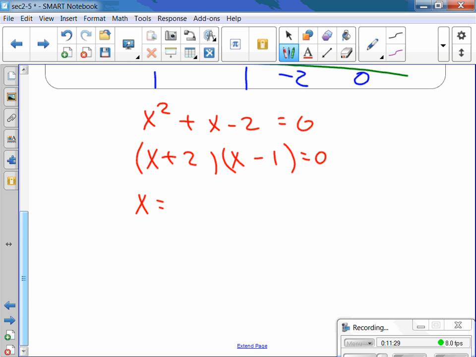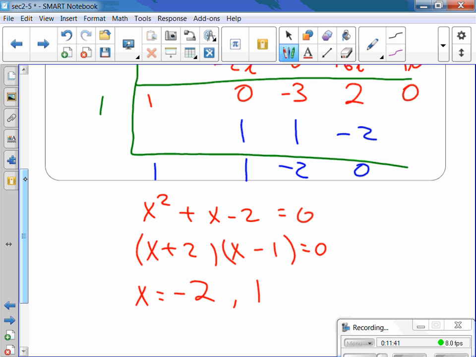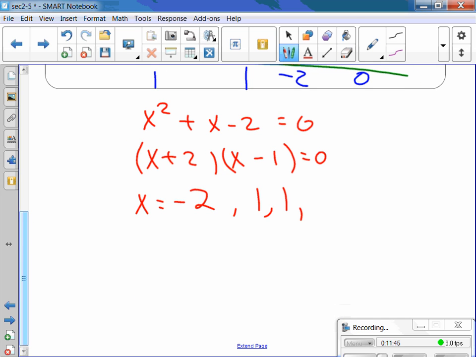So here we come up with x equaling a negative 2, x equals 1. We also used what as our zeros? Oh, we used a 1 before, right? So there's another 1. Sorry. 2i. And negative 2.